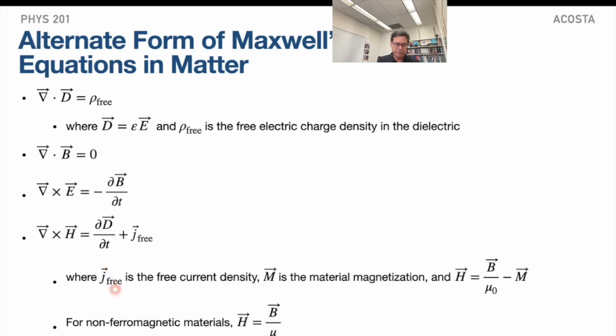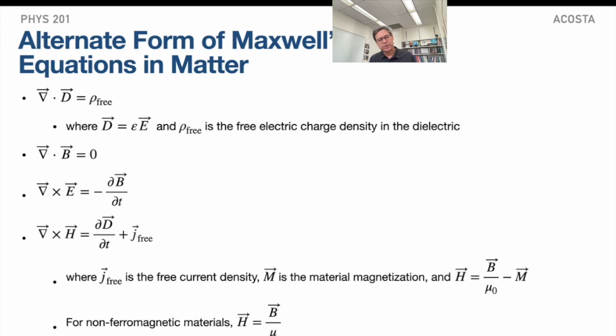So J free is the free current density of charges that are freely moving. And what is the H field defined as? That's related to the magnetic field divided by the permeability of free space minus any magnetization that occurs in that material. So M, vector M, is the material magnetization.